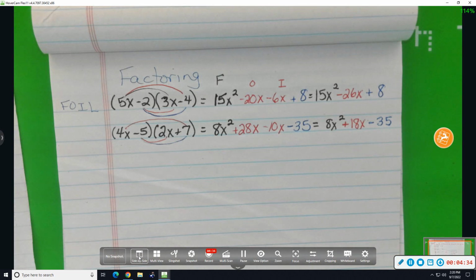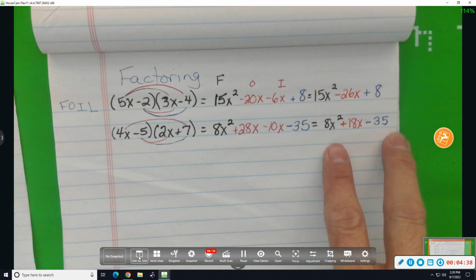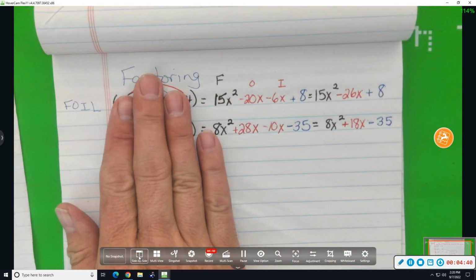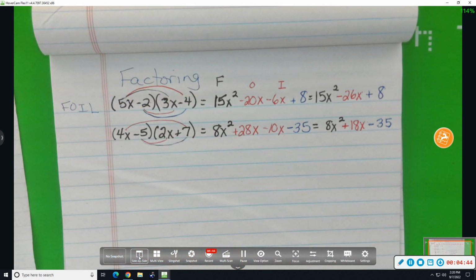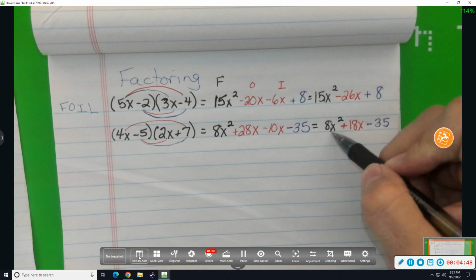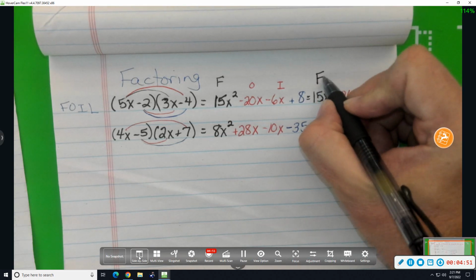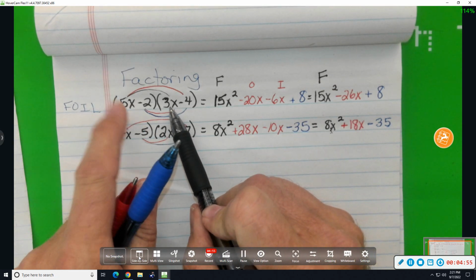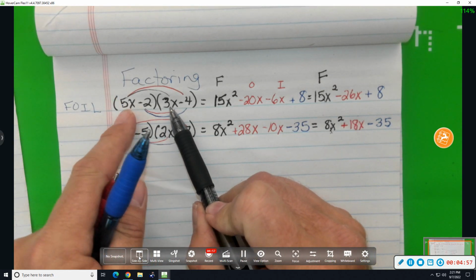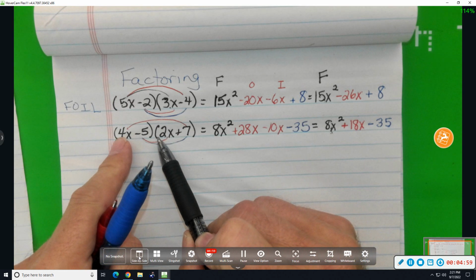So let's start imagining that we're going to go backwards. We have this stuff right here, and we want to figure out these parentheses. Well, the first terms here, you get by multiplying the first two terms, the 5x, the 3x, the 4x, the 2x.